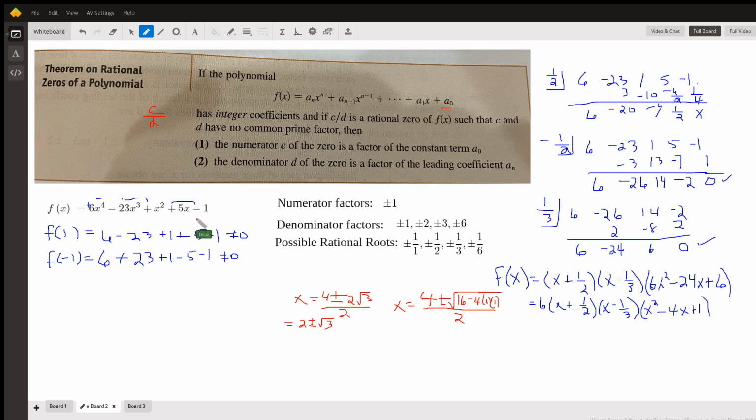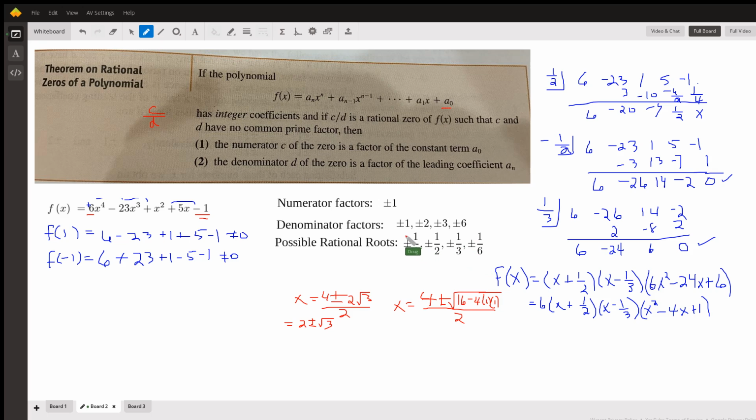So here's the constant term. The numerator has to be a factor of plus or minus 1. The denominator has to be a factor of 6. There are the factors of 6: plus or minus 1, 2, 3, 6. So the possible rational roots are plus or minus 1, 1/2, 1/3, 1/6.